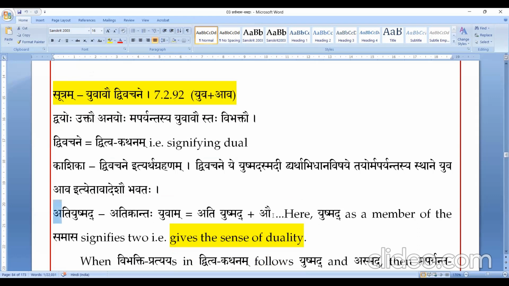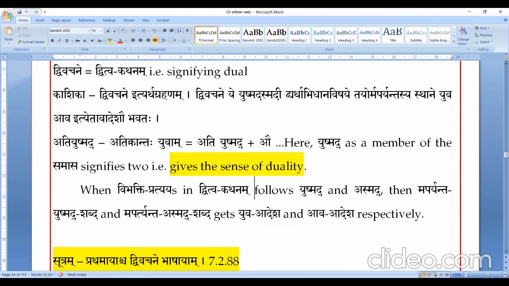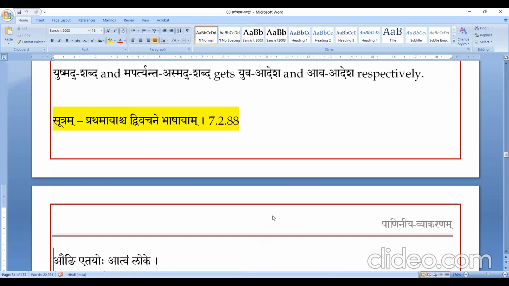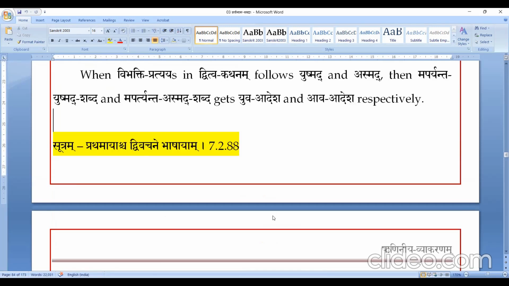Ati Yushmad, Atikrantaha Yuvam. Here it is showing Yushmad as a member of a compound signifying two, giving the sense of duality. When the Vibhakti Pratyaya in Dvitva Arthaka follows, then Ma Paryantasya Yushmad and Asmad will be replaced by Yuva and Ava respectively.